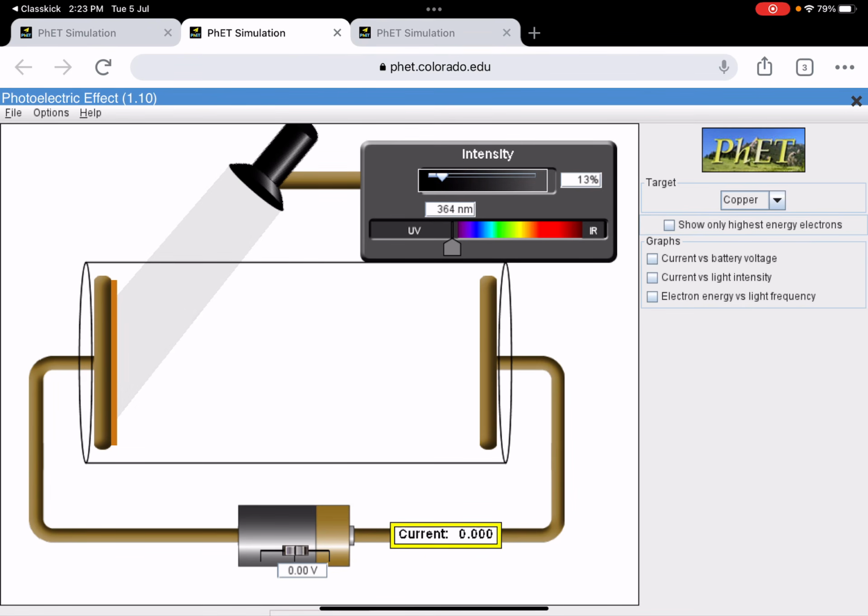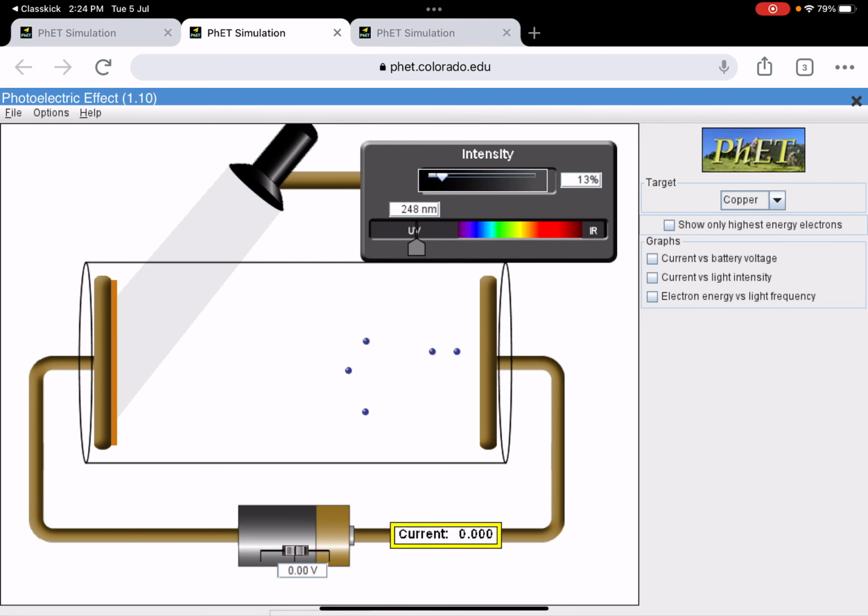Now I want to keep the intensity low to show you the effect of intensity. Again, I'm going to increase more and more the energy of the light. Still, I don't have electrons dislodged. I keep on increasing. Nothing. Oh, here we go. Let me go back.